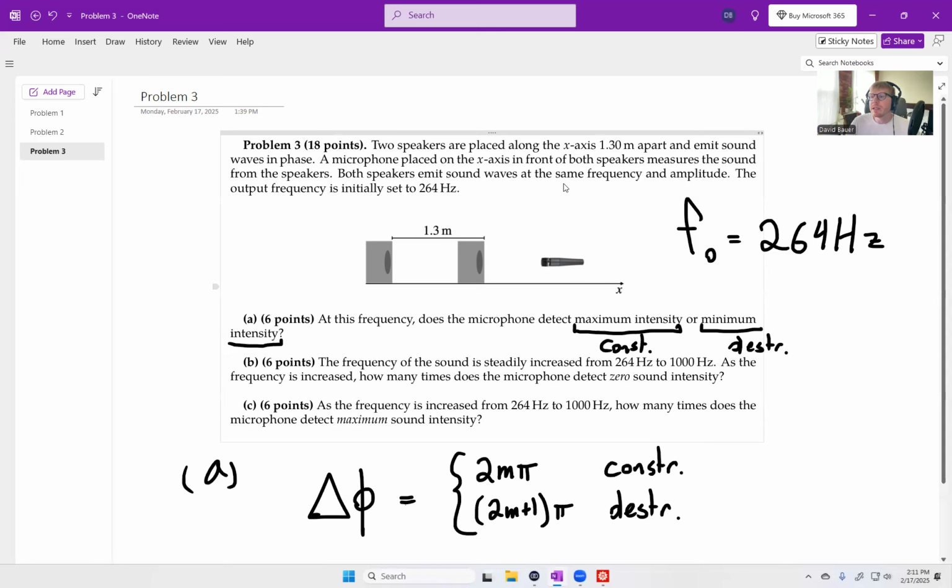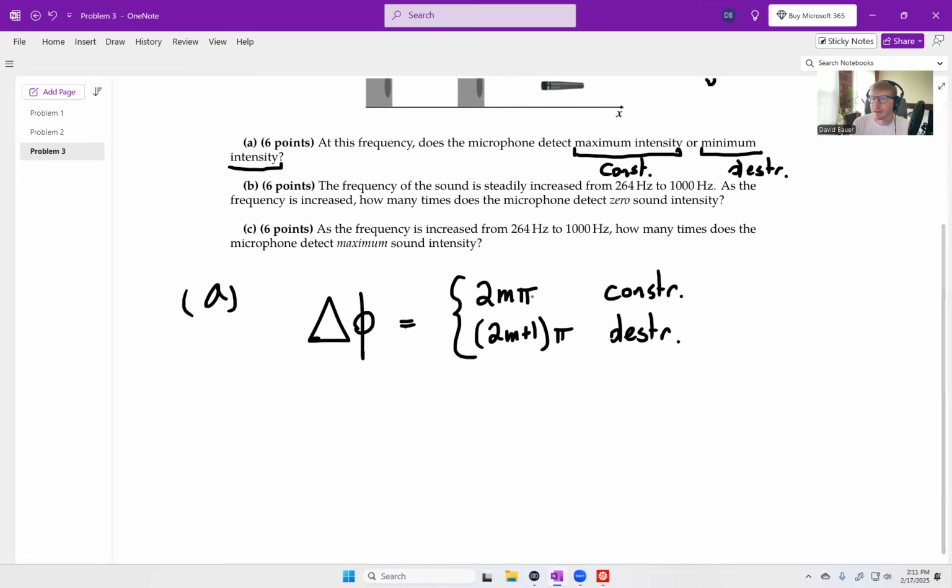We know the speakers are in phase with each other. And so whenever we have a problem like this where we have sources that are in phase, the condition for constructive and destructive interference is just a condition about the wavelength. Or, sorry, I should say it's a condition about how the path length difference is related to the wavelength. Okay.